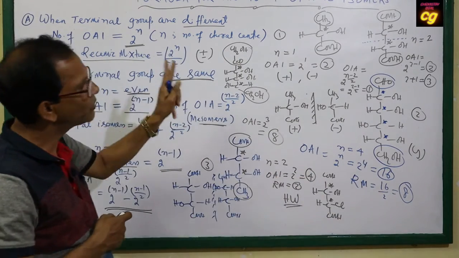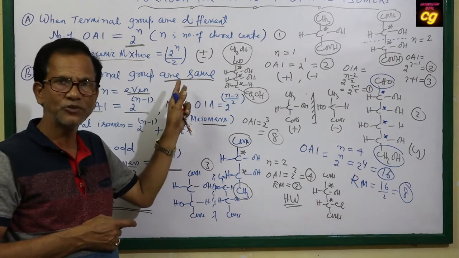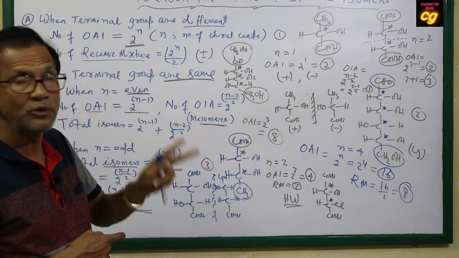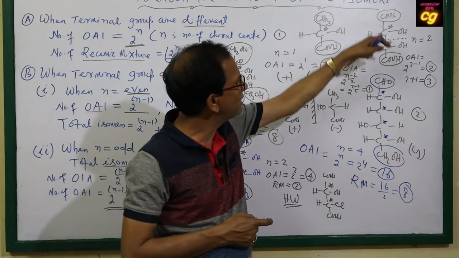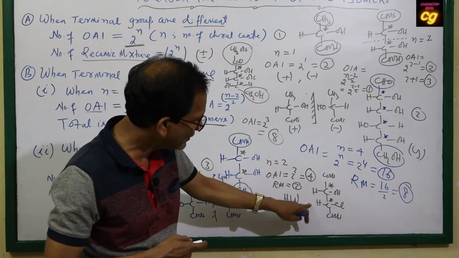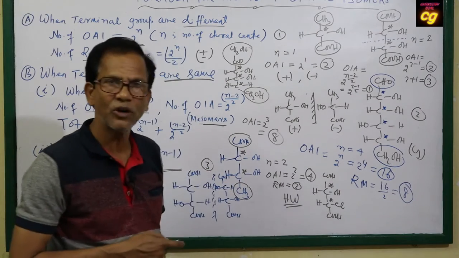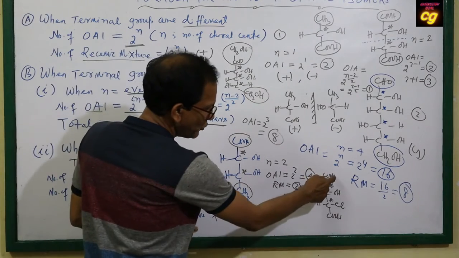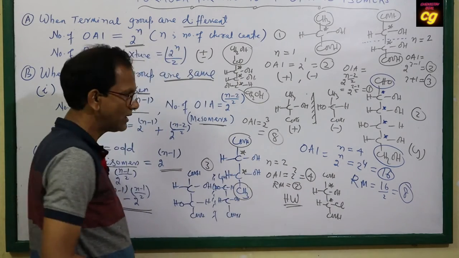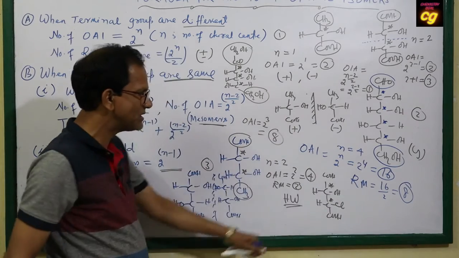So these are some important formulas to know, to calculate how many optically active isomers and how many meso compounds are possible. Meso compounds are possible when both terminal groups are the same. But in the homework case I have given, remember, it has no meso compound because the groups are not the same. Here the terminal groups are different, one different group, Cl, is there.